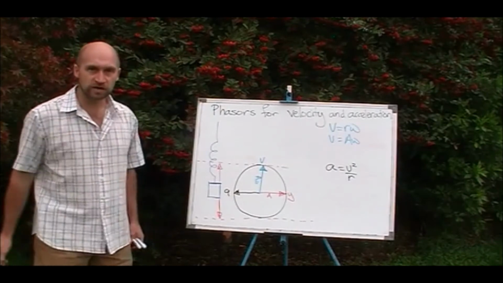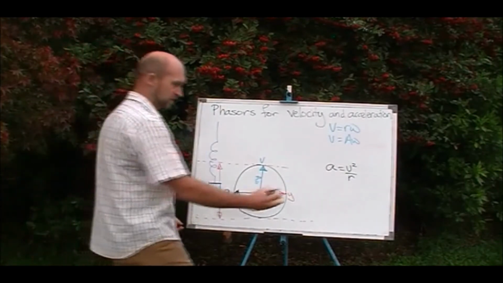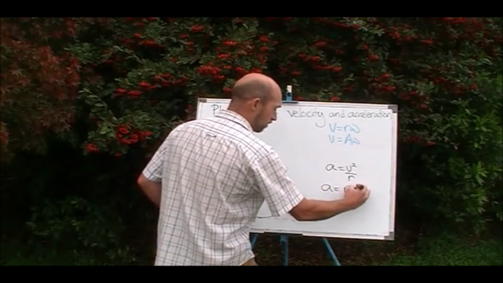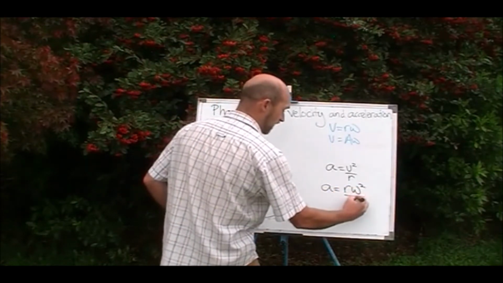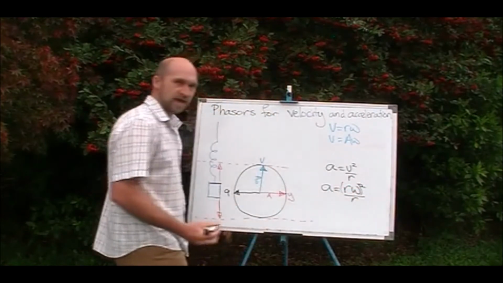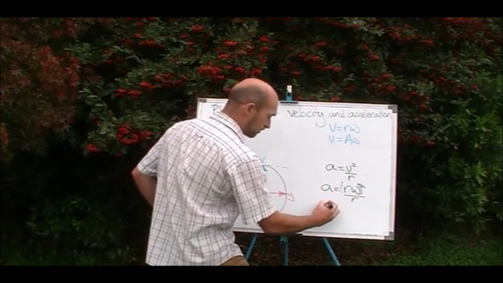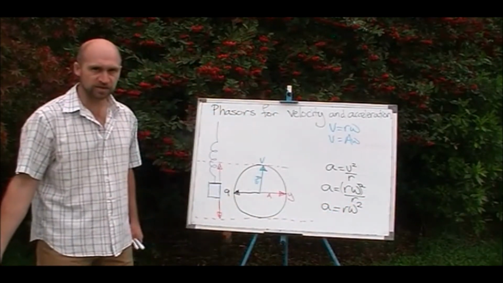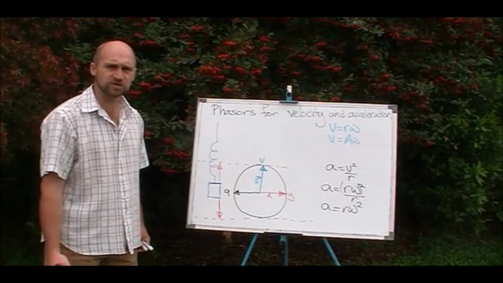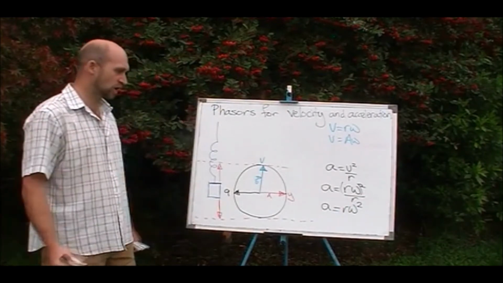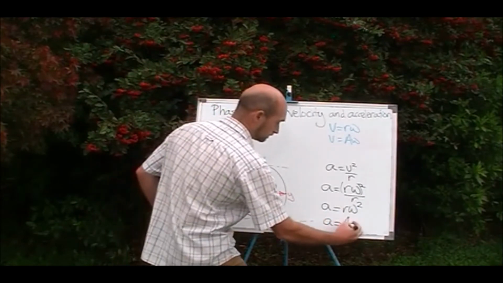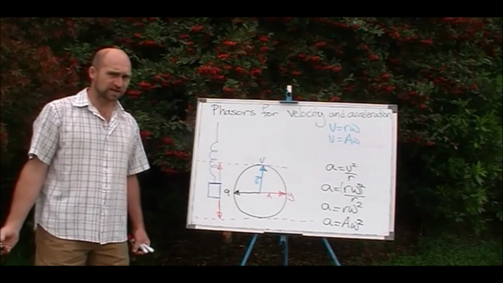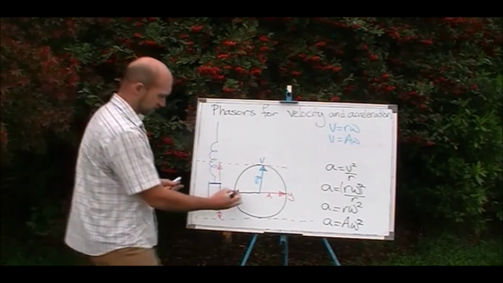We already know that v is r omega, so a must be (r omega) squared over r, and with a little bit of rearranging, you'll work out that that's r omega squared, except how much is the radius of the circle? It's equal to the amplitude of the motion. And so the length of our acceleration phasor is A omega squared.